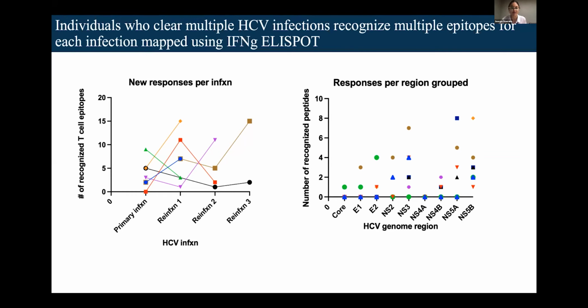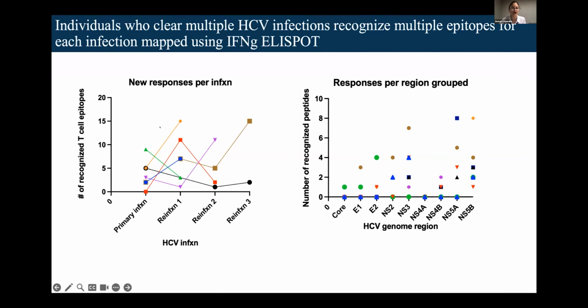However, about 25% of people who acquire it can clear it. That's the specific subpopulation of our cohort that we're interested in studying and phenotyping the T cell responses for. These are individuals who can clear HCV, and in fact, these individuals have been followed for so long in the cohort, some of them for almost 2 decades, that we've been able to see them clear a primary infection and then clear subsequent infections.